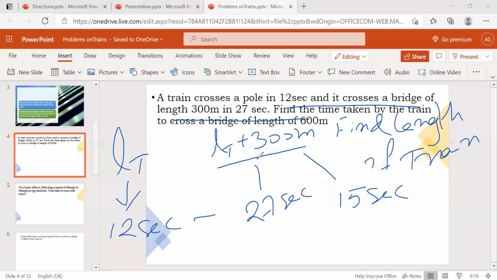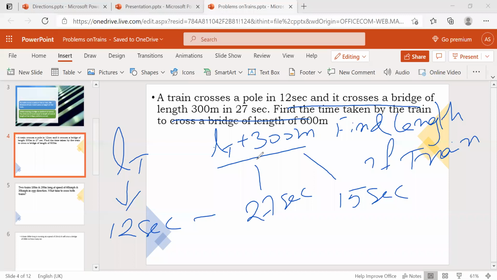Am I right? Now, cross multiplication of these two: 300 into 12 by 15. So 15 ones are 15, 15 twenties are 300. 20 into 12 is nothing but 240 meters. 240 meters is the length of the train.